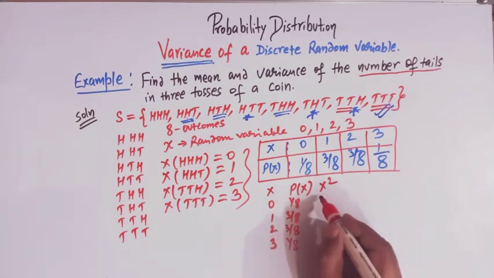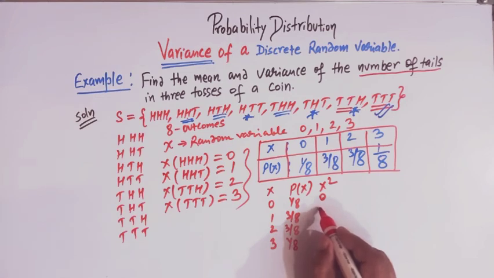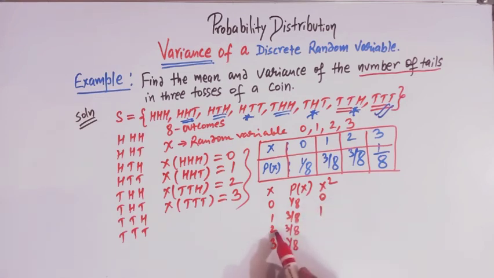So 0 square is 0, then 1 square is 1, 2 square is 4, and 3 square is 9.